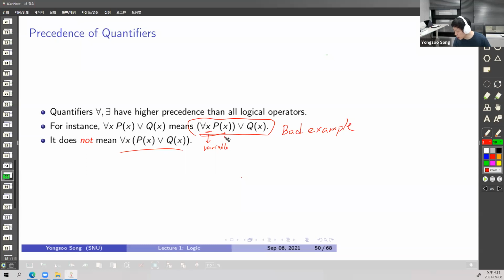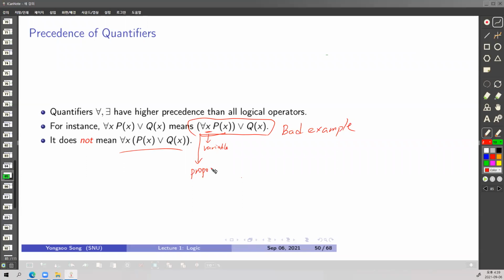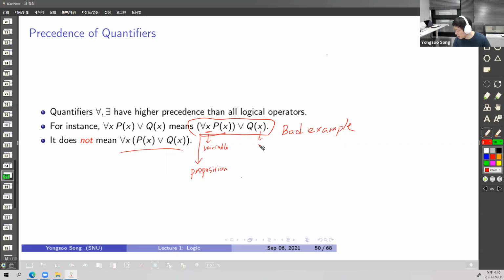So this left-hand side has become a proposition. But this Q(x) is a variable, and doesn't have an assigned value. So Q(x) is not yet a proposition. So this whole statement is not yet a proposition, but still a propositional function.